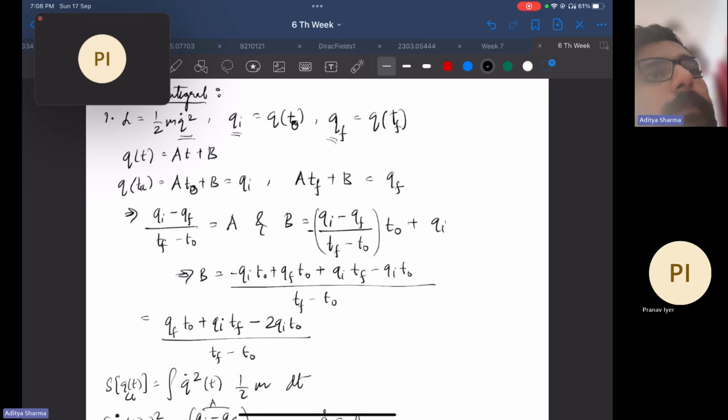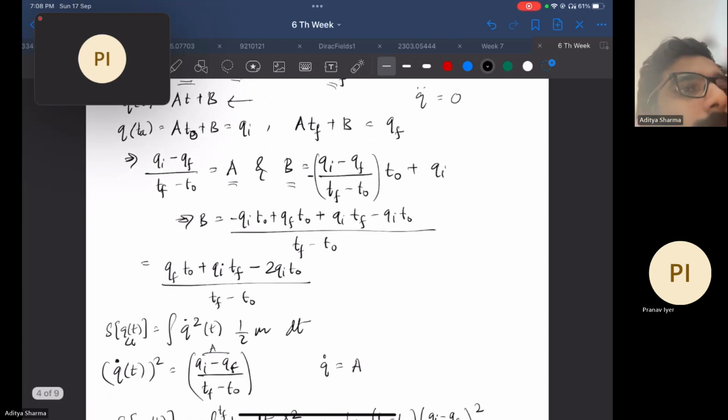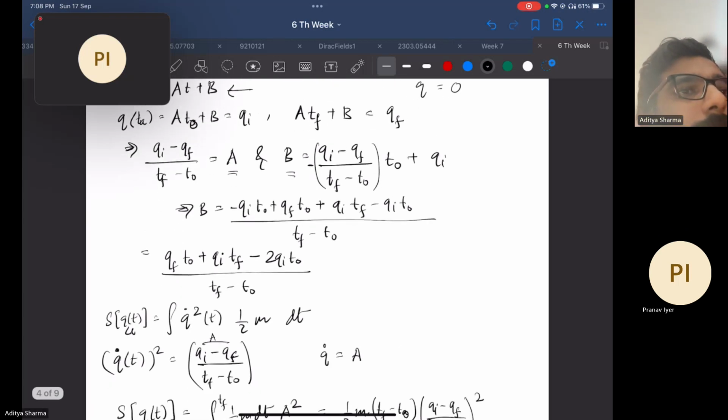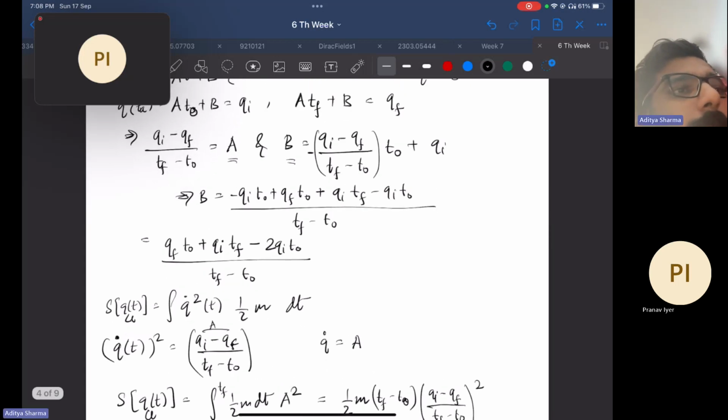The equation of motion for a free particle is q double dot equals 0, so the general solution is this. Then you put in the boundary conditions, and you get A and B as this. I have just written A and B expanded properly.